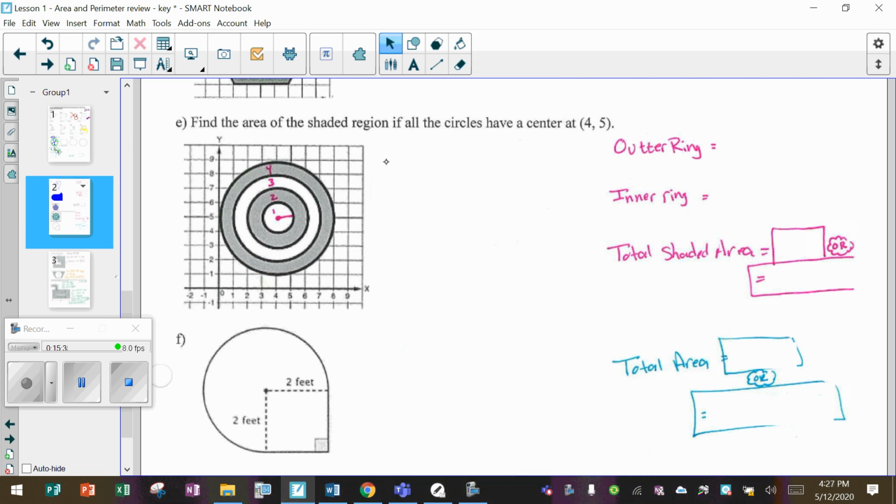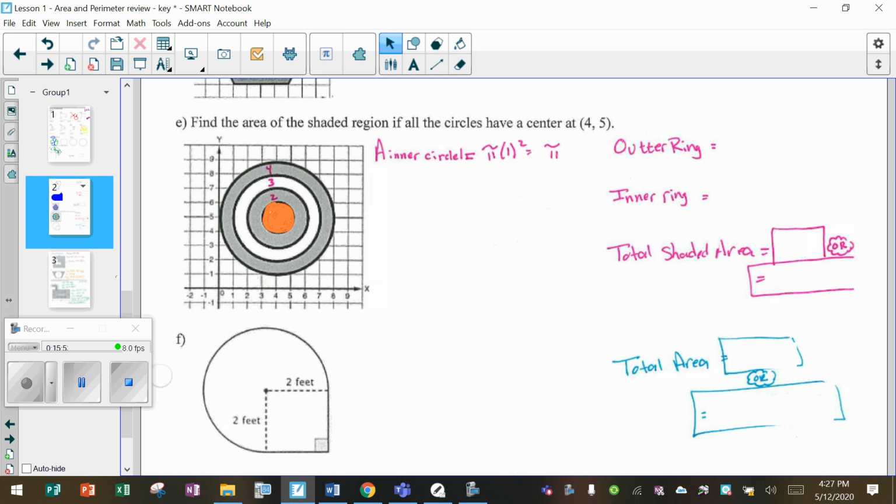Okay, the area of circle number 1, the inside circle. So what I'm talking about here, basically the center of the bullseye. Okay, this radius is 1, so the area of that circle ends up just pi.